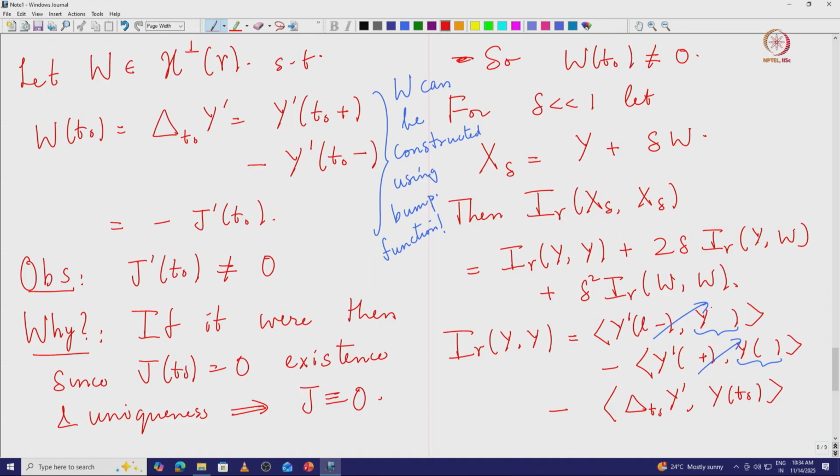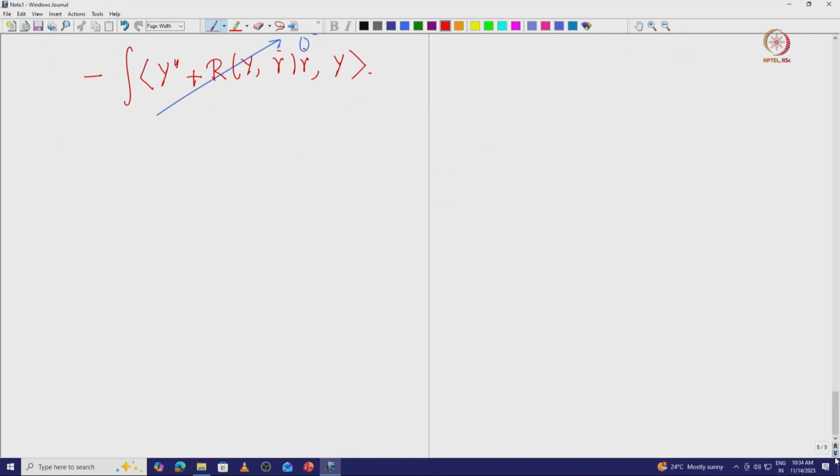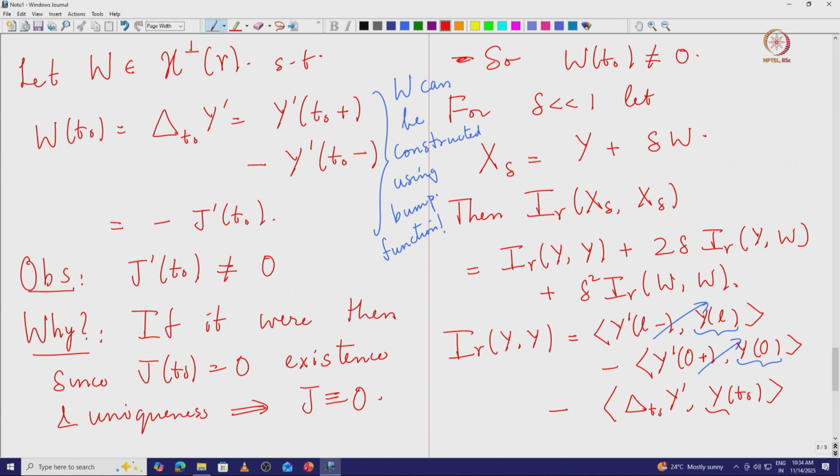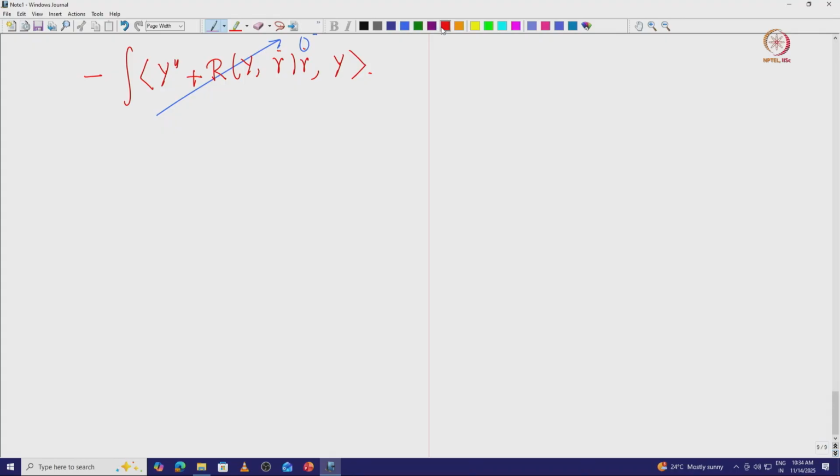So this is L, this is 0, but y vanishes at the boundary, so all of this is 0. On the other hand, y of t naught is also 0, so this is 0. So the index of y comma y is 0.